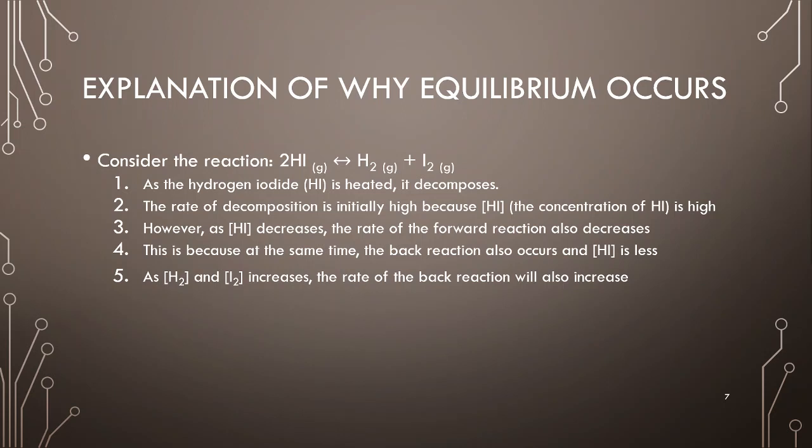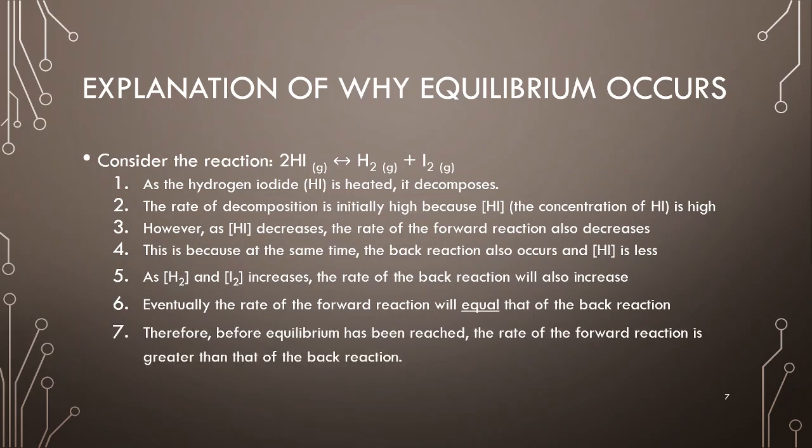As H2 and I2 concentration increases, the rate of the back reaction will also increase, and eventually the rate of the forward reaction will equal that of the back reaction. And finally, therefore, before equilibrium has been reached, the rate of the forward reaction is greater than that of the back reaction.